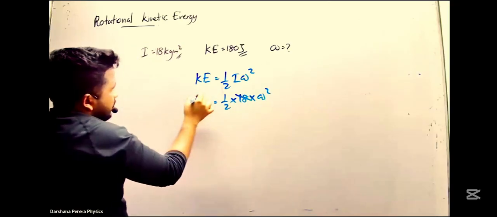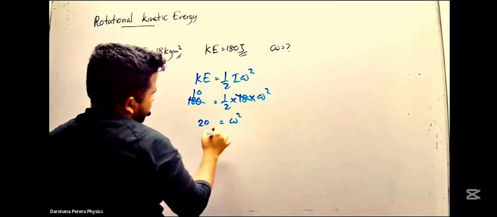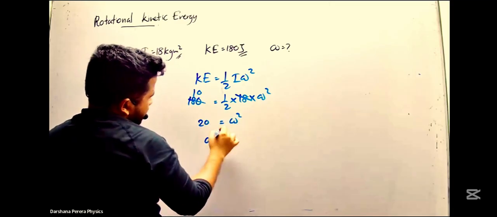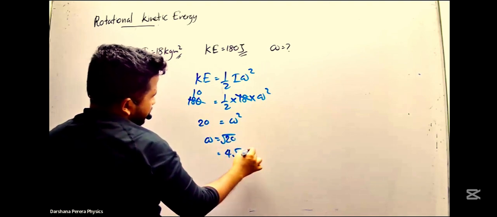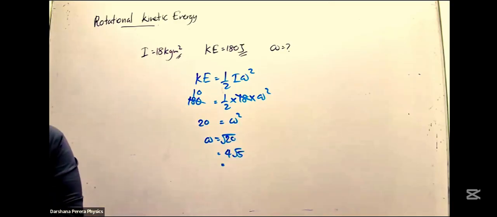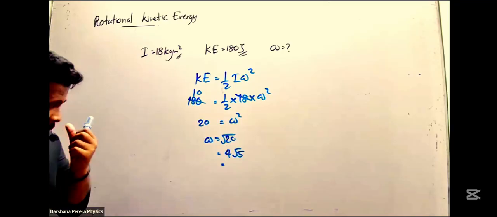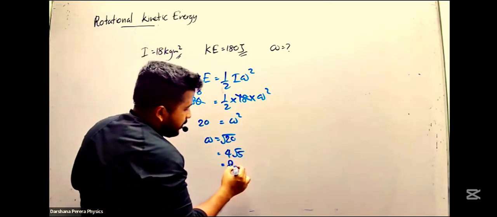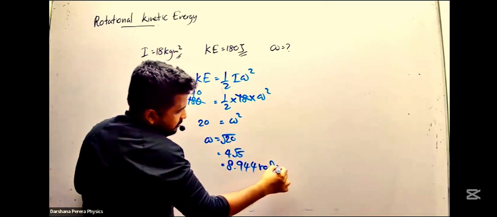That means 20 equals omega square. Omega means root 20, that means 4 root 5, no? Is that correct? 8.944 rad s minus 1.